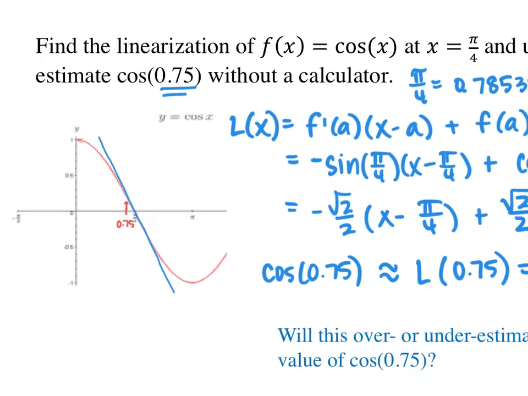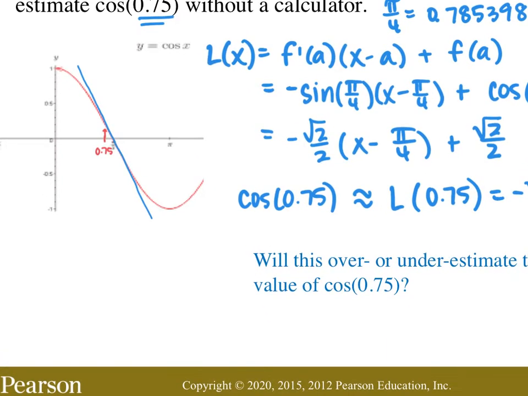And so that means that the actual value of cosine is going to be less than the linearization of cosine. So we would say that cosine of 0.75, the actual value, is less than the linearized value of 0.75.